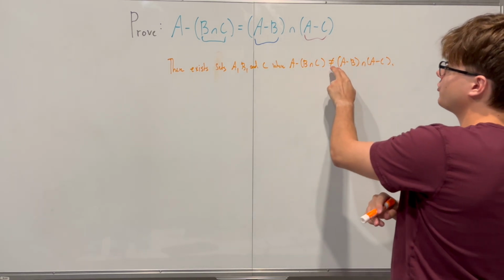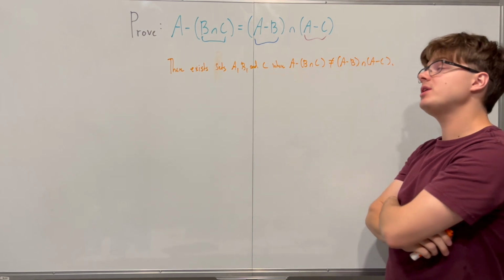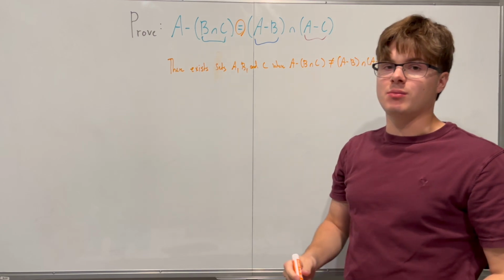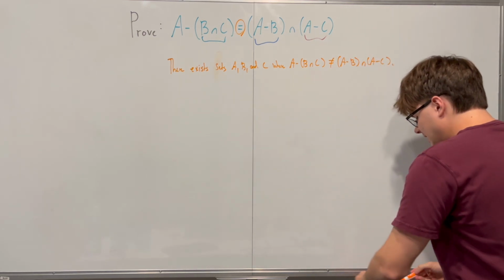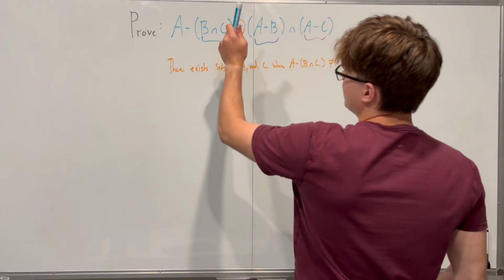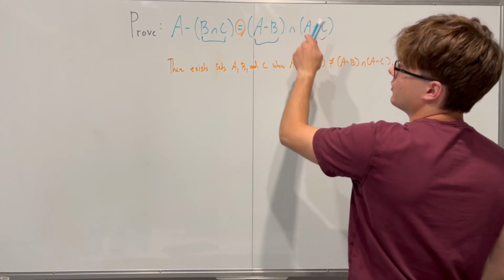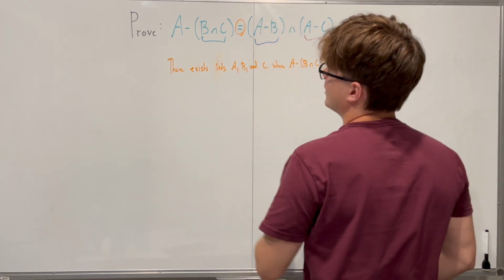Now, how do we prove something is not equal to something? Well, we simply have to understand what it means for something to be equal to something. For something to be equal to something, it means that everything on the left-hand side has to be on the right-hand side, and everything on the right-hand side has to be on the left-hand side.